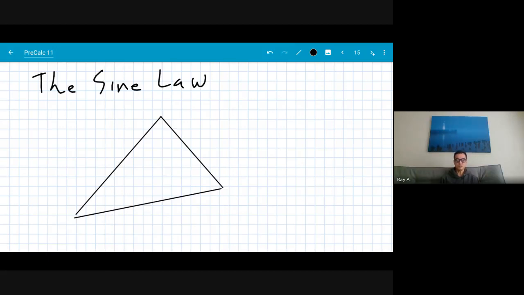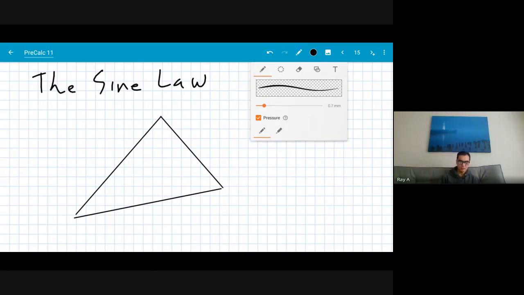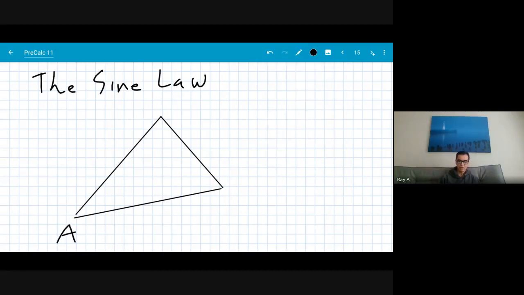If it just tells you solve for a certain angle, in this case, solve for A, then you're going to be solving for angle A only. All right? Okay.